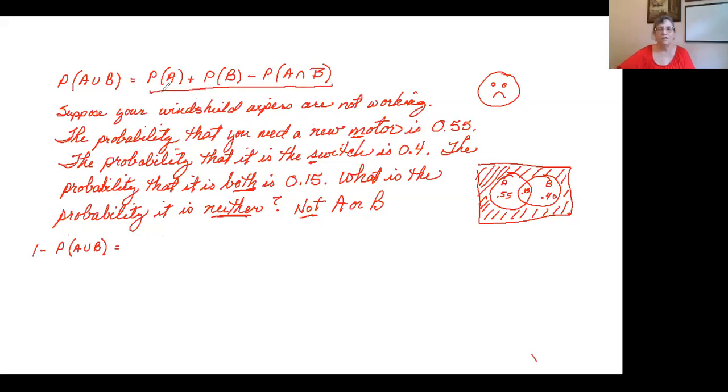This whole thing, we'll take A, we'll take B. This 55 represents this entire circle. So it's going to be 1 minus the probability of A plus the probability of B minus the probability of their intersection.